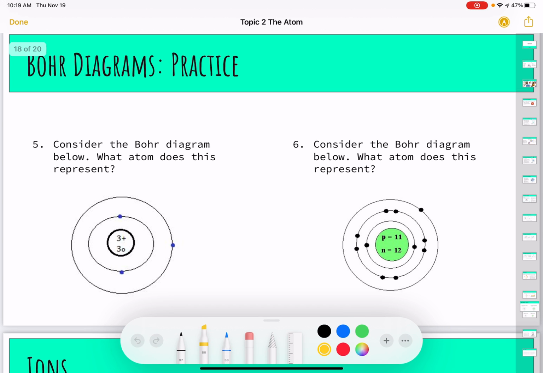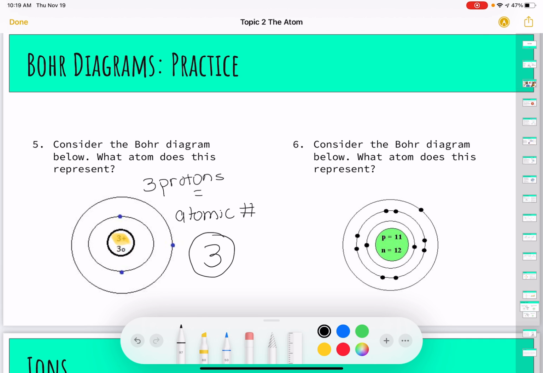To figure this out, our best bet is to look at this. 3 positives means 3 protons. If it's got 3 protons, protons is always the same as the atomic number. So if we look at the periodic table for number 3, that's going to tell us what element this is.